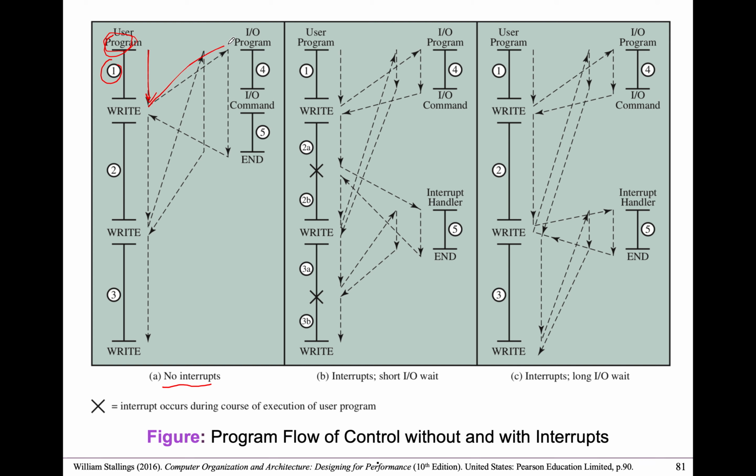Then you're going to move to your input output program under the command, and then you end your program over here, and you go back to your code writing. You're going to continue, and then it's going to do similar things, following and doing a loop, and then the same for the third.